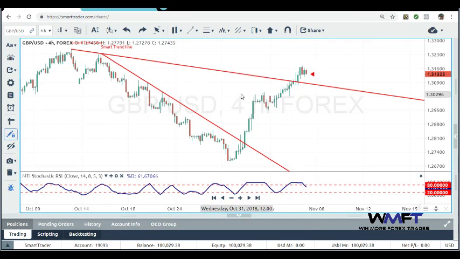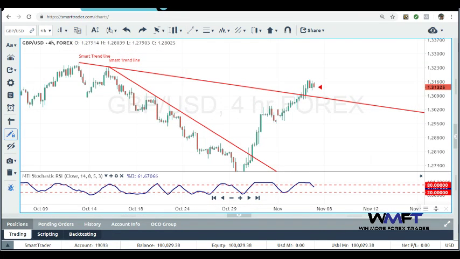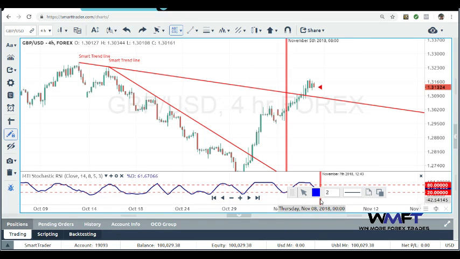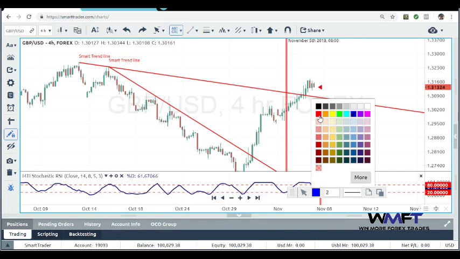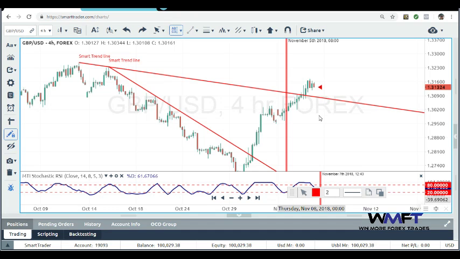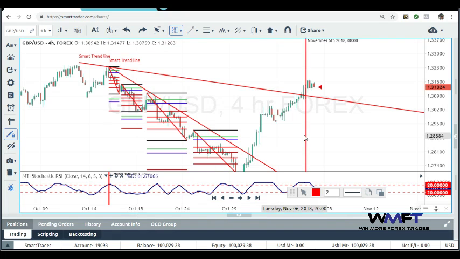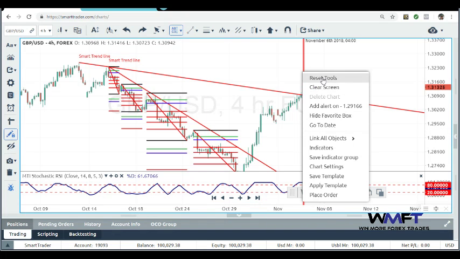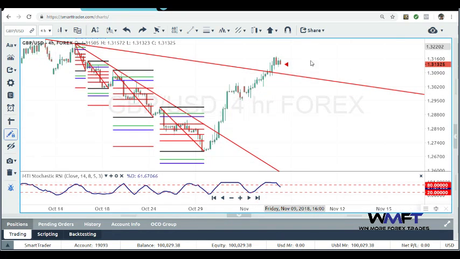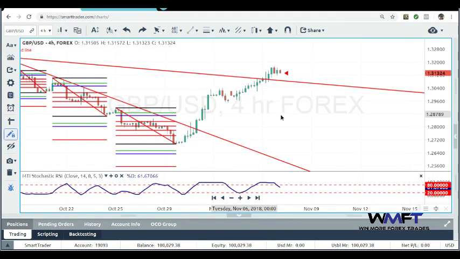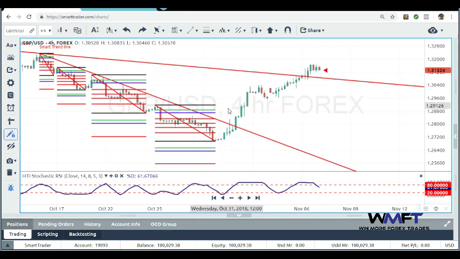So we will bring in smart fibs just to gauge and see if there's a bull crown. All right, let's reset tools, and on this one we do have what would look like a bear crown.